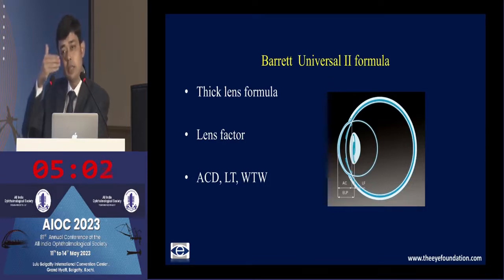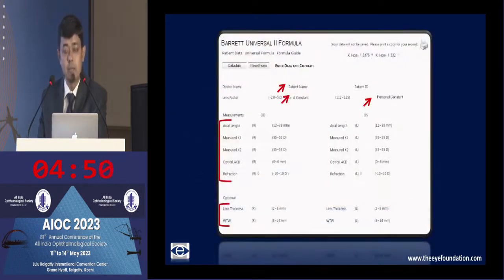And therefore, the optic tends to push back a little bit and the ELP gets altered. So this lens factor is also computed, and depending on the IOL power, the effective lens position can be calculated more accurately. And this is really an online calculator which is available for everyone.